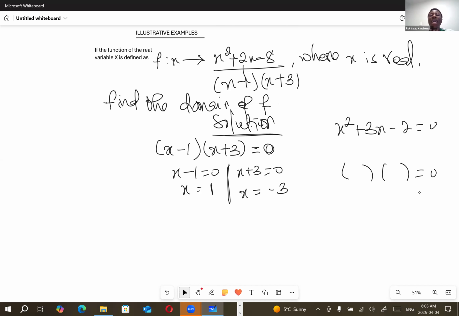Now, the reason why I always encourage you to set the denominator to 0 is that we are dealing with fractions. Any fraction with the denominator being 0 is an impossible fraction. It's not plausible. You cannot try that.